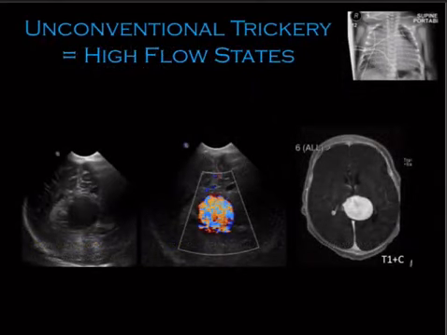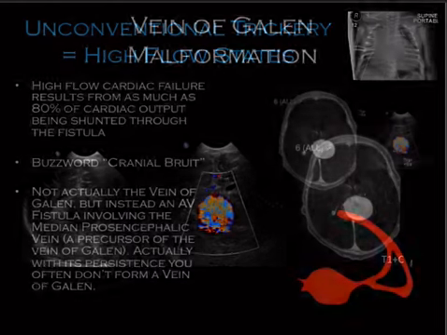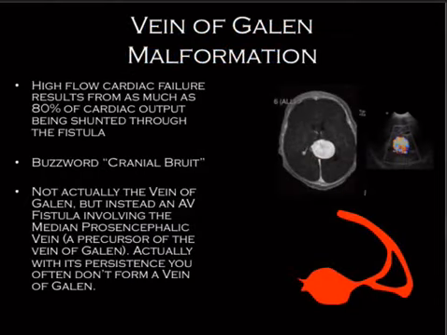One is the vein of Galen malformation, an intracranial shunt where you have 80% of your cardiac output being shunted through this fistula in the head. Sometimes they'll tell you there's been a bruit on cranial ultrasound. Other times they can show you a big vascular ball, a big enhancing ball in the middle of the head.